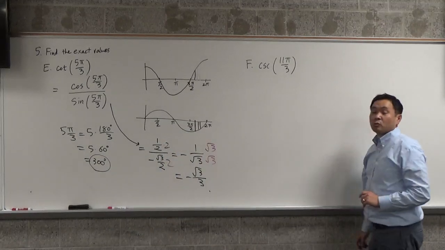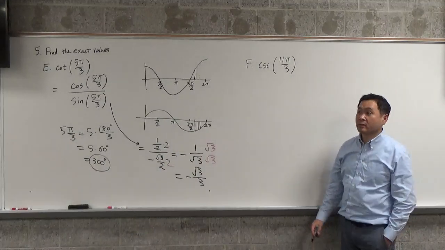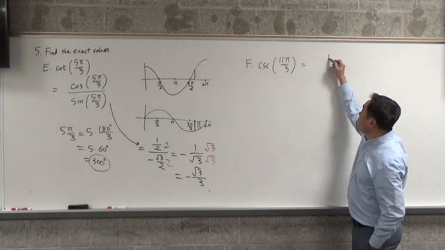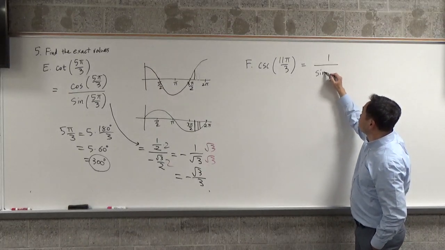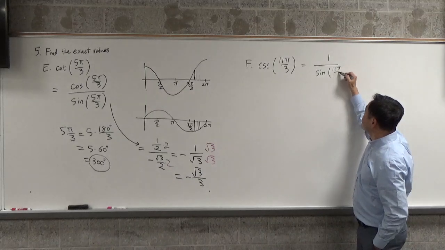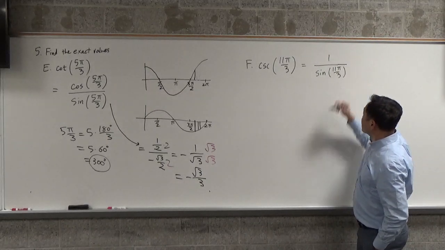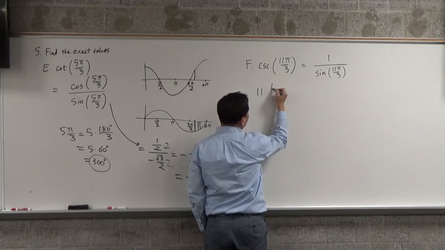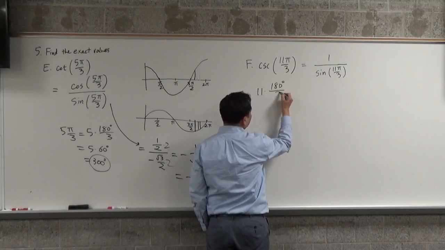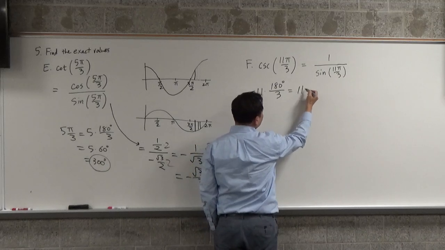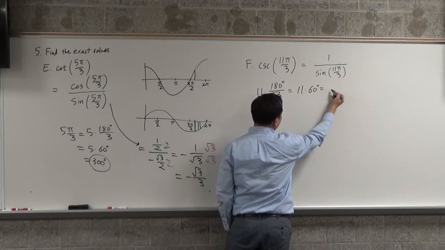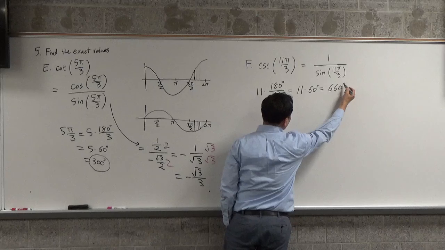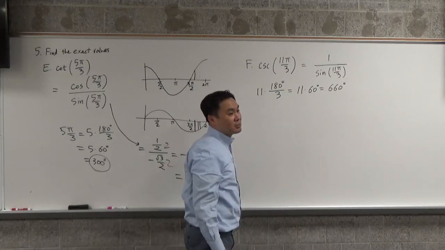Okay, cosecant is 1 over sine. Because pi is 180 degrees, this is 11 times 60 degrees, which is 660 degrees. Oh no, what's that?